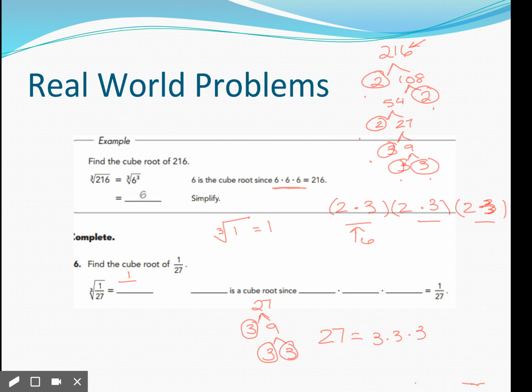So that means the cube root of 27 equals 3. So my denominator is 3. So 1/3 is the cube root of 1/27, since 1/3 times 1/3 times 1/3 equals 1/27.